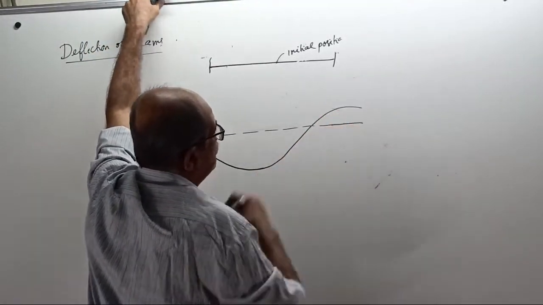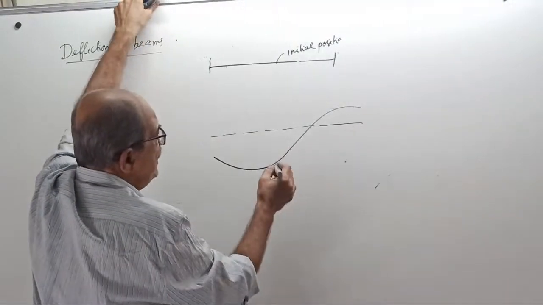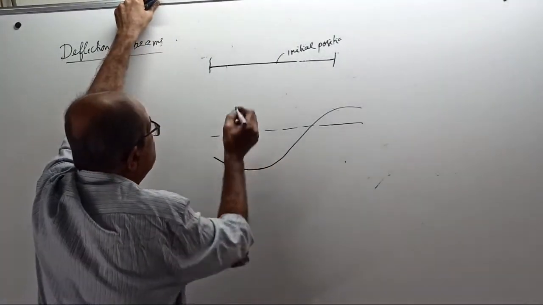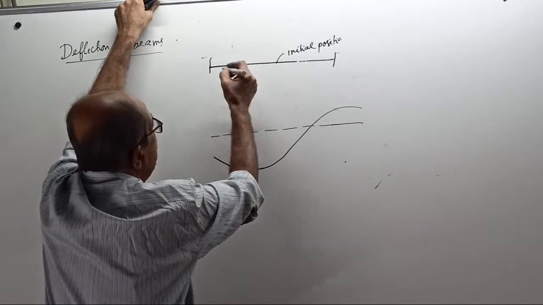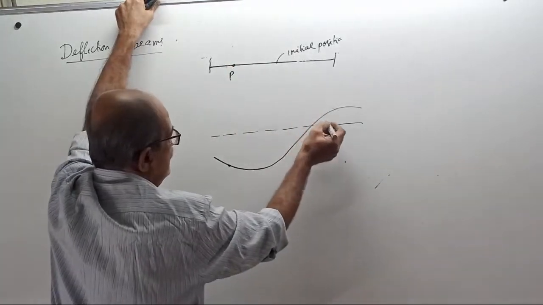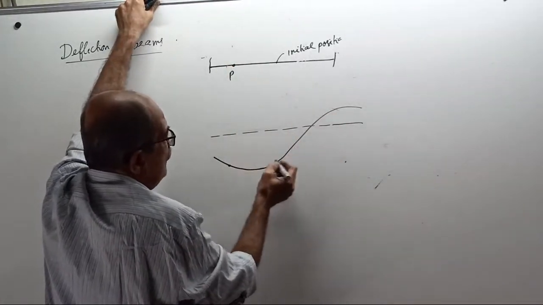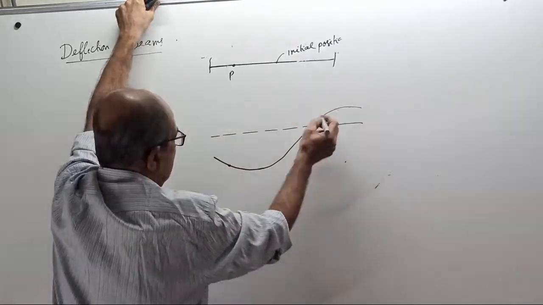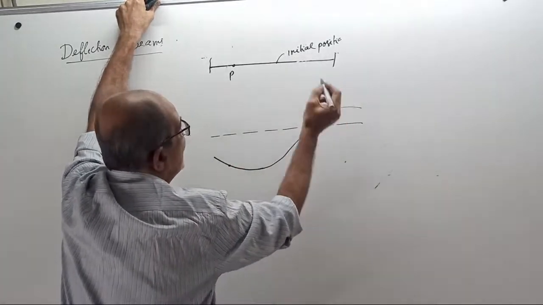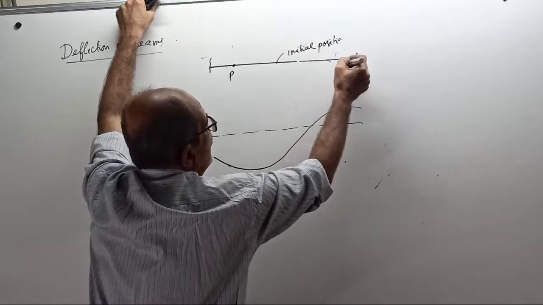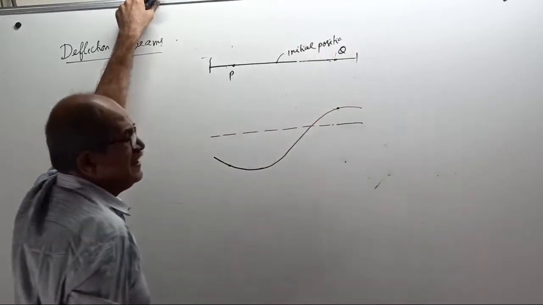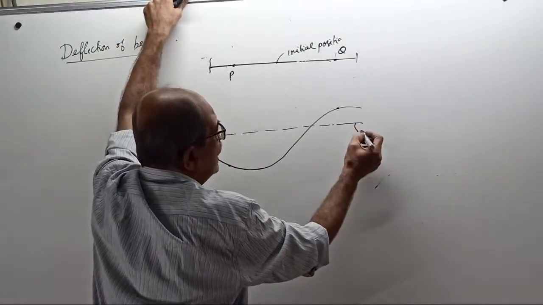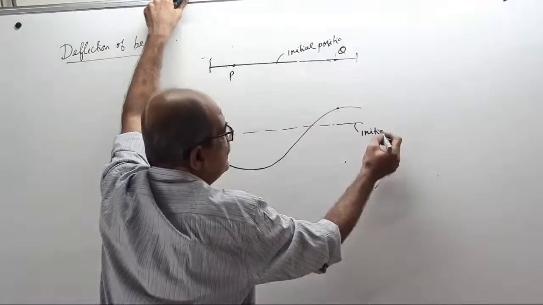Imagine. No problem. Now see here, any point you consider, any point P, and any other point, say for example Q, randomly taken. This is the initial position.